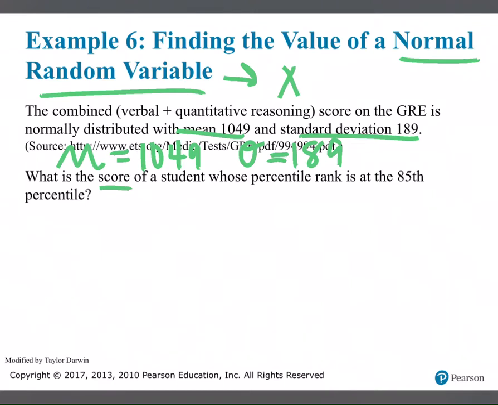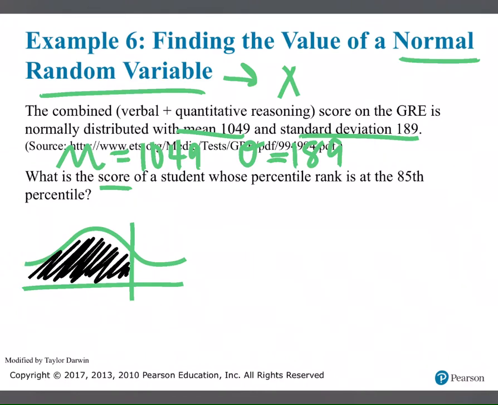So let's remember what percentiles are really fast. Percentiles basically say I did better than this amount of people, or maybe height, I'm taller than this amount of people. So it represents the area to the left. And the area to the left is 0.85, and so you could also say it's the same as 0.8500 because all of the areas are represented with 4 decimal points.